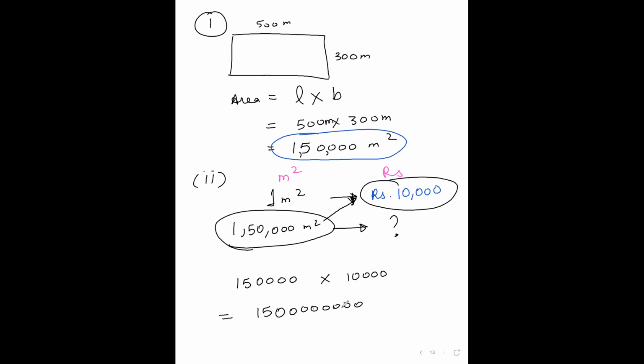Then put the commas and tell me what this number will be. See, this is ones, tens, hundreds, thousand, 10,000, lakhs, 10 lakhs, crore, 10 crores. So it is going to be 150 crores. Okay, because this is crores, and this is 10 crores.